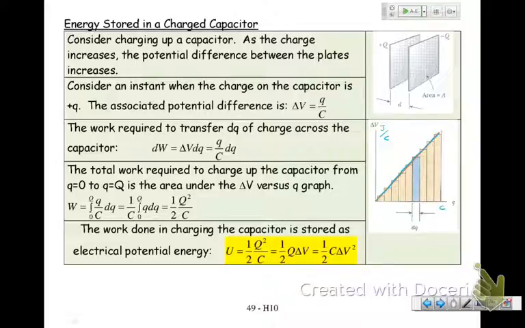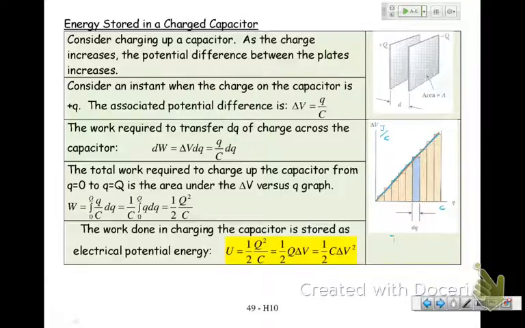What is the area under the graph? What units is the area under the graph going to have? It's going to be joules per coulomb multiplied by coulombs.